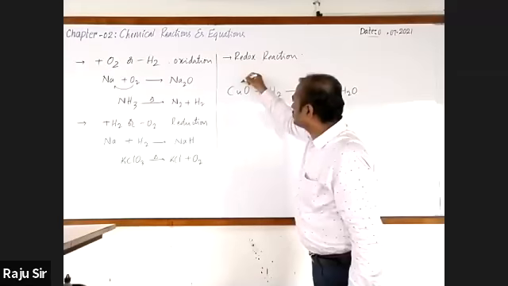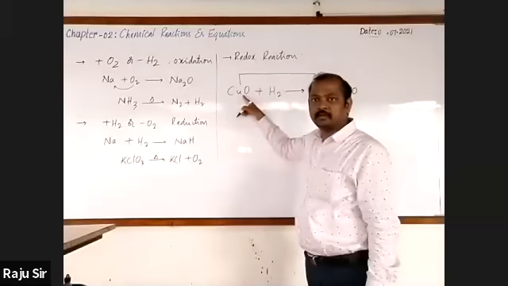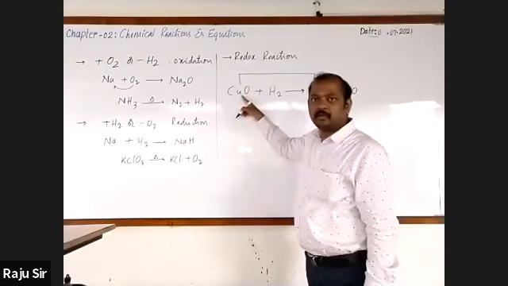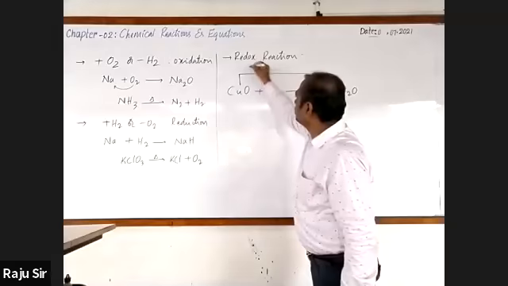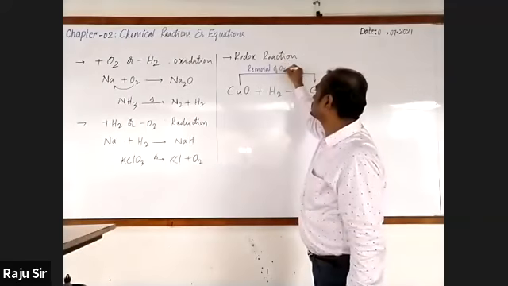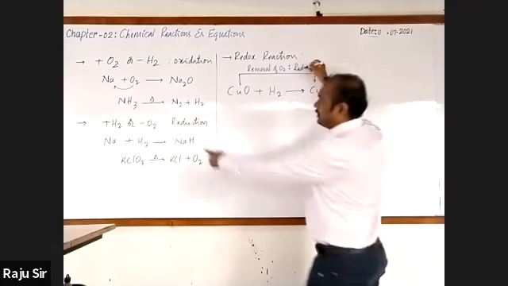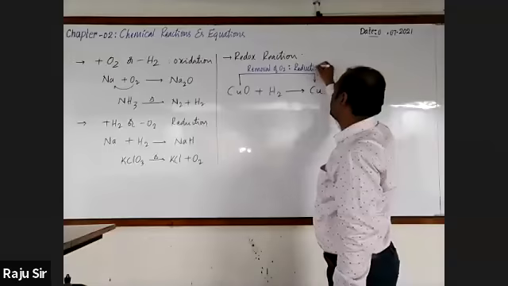The copper oxide gets reduced to copper because hydrogen removes the oxygen. Right? So this removal of oxygen is called reduction.